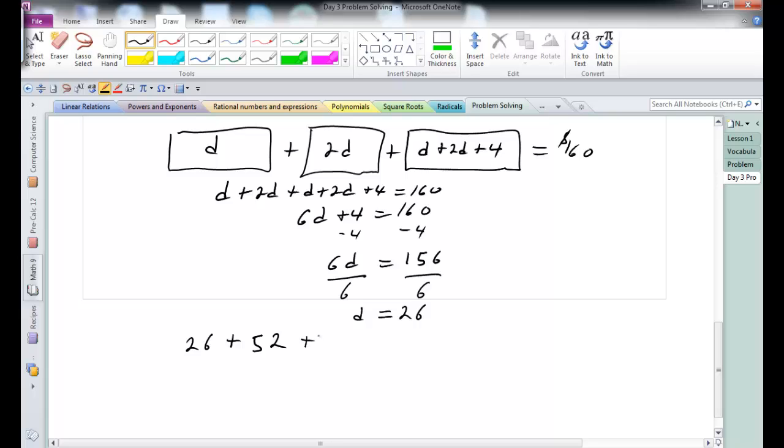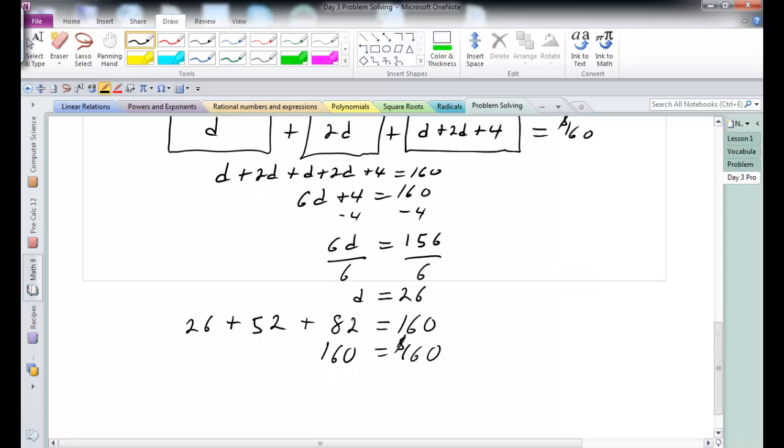And then the third deposit was the first two plus $4. So that would be $82. And that had better equal 160. Let's add it up and check it out. And if you add those three up, you will find that you get $160.